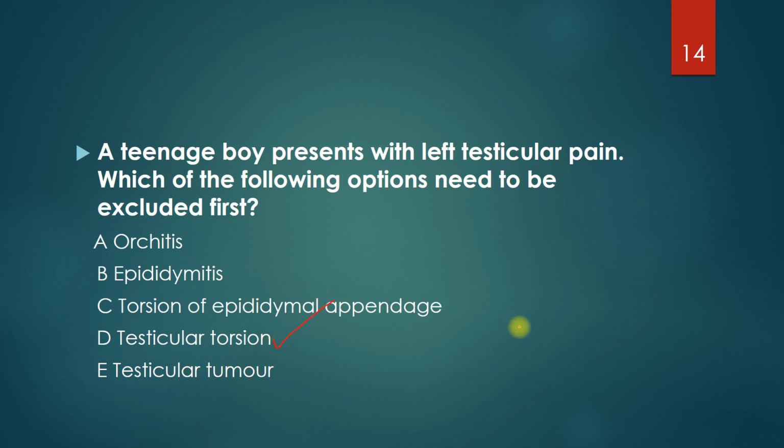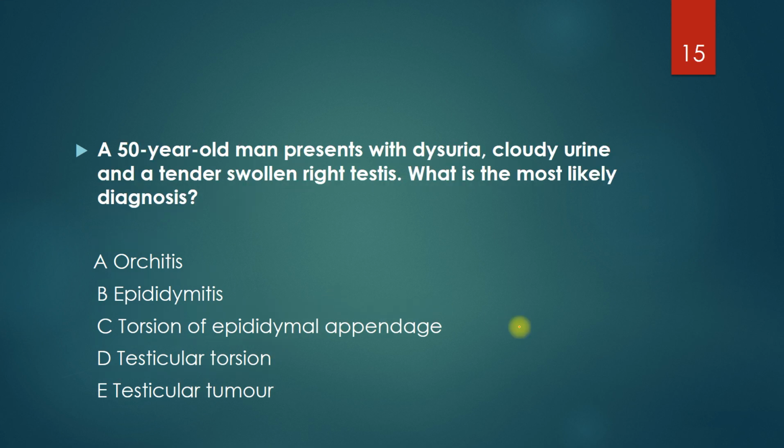That's why the correct answer is testicular torsion. The second question: a 50-year-old man presents with dysuria, cloudy urine, so there is infection, and a tender swollen right testis. What is the most likely diagnosis? Because there is UTI and the swollen tender right testis, that's why we have to choose orchitis.